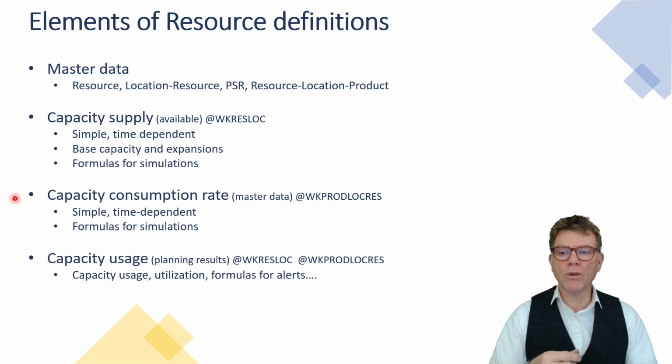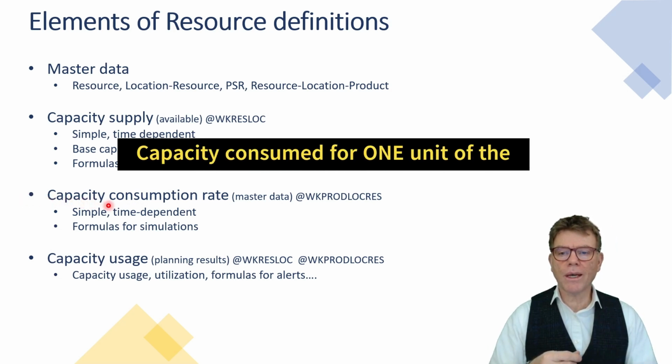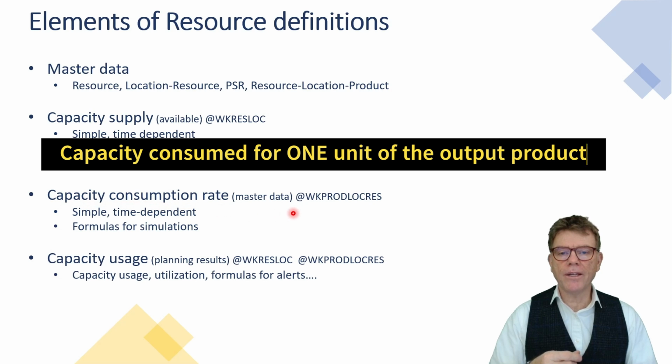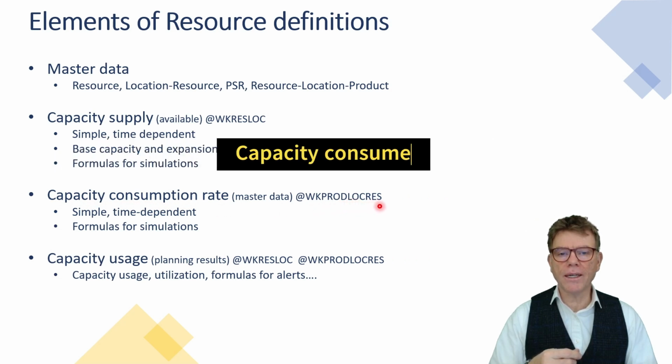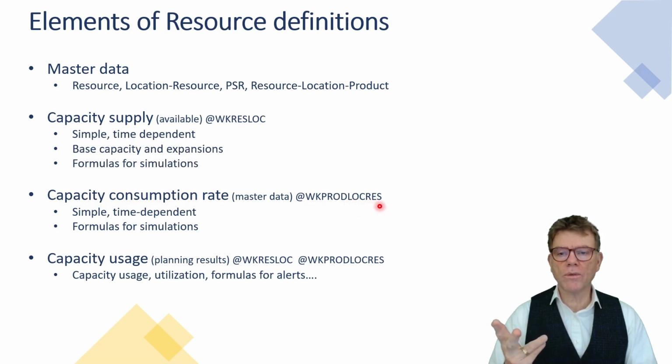Then the other topic is capacity consumption rate, which is the theoretical utilization of a resource for 1 unit of product. Okay, this is the so-called capacity consumption rate. And it is defined at the product, location, and resource level. It can be, again, simple data coming from the PSR itself. So say, for instance, to produce one product, I need 1 minute of such a resource.